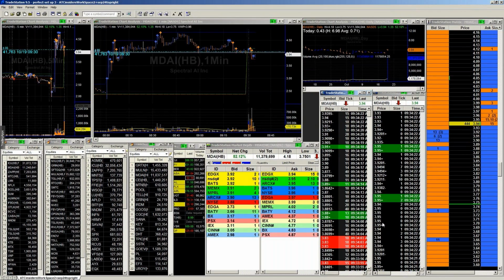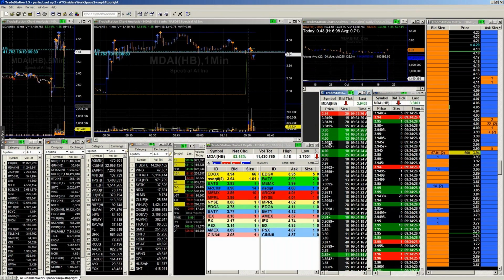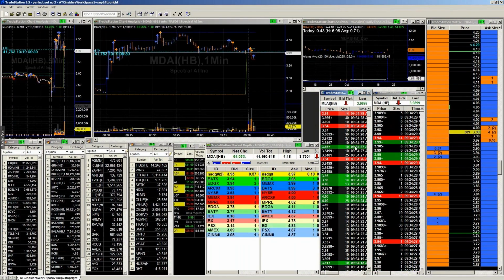But notice how when we're talking about this right now, we're not talking about what happened on the chart or anything that's going on. Everything is based off of the prints we're seeing.